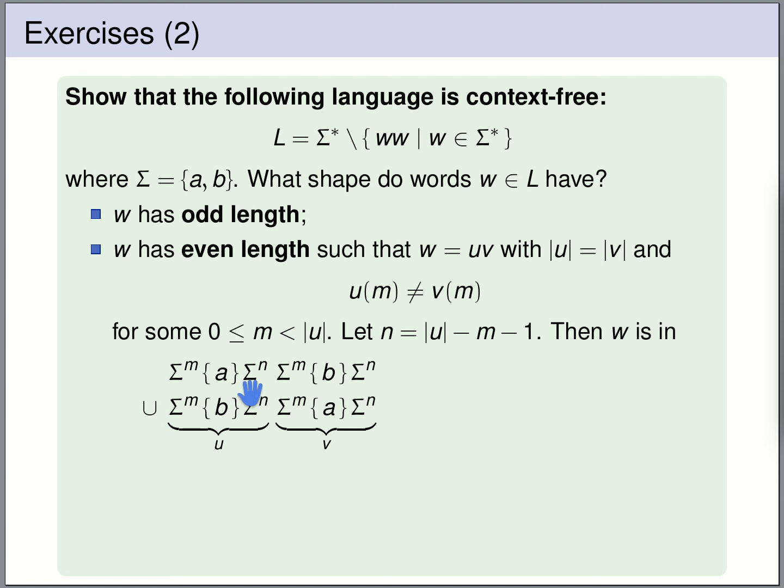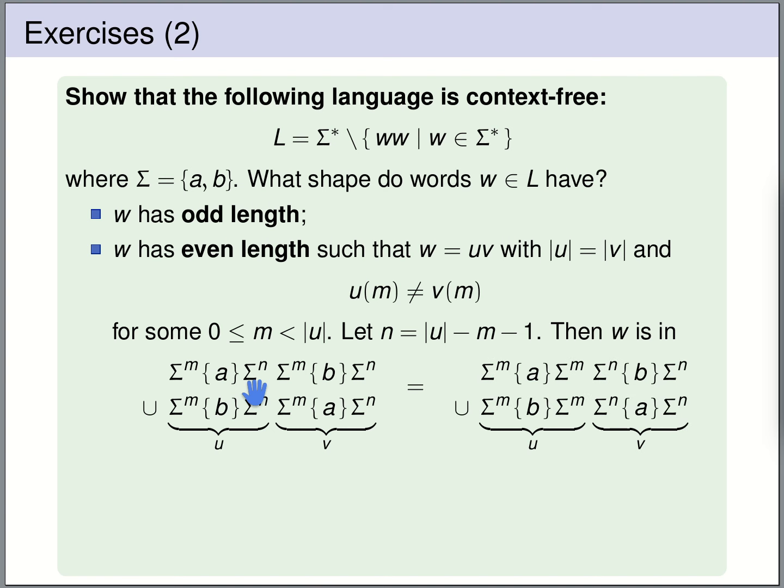A trick is that since we have here sigma to the n and sigma to the m, if we swap them, if we swap sigma to the m and sigma to the n, then we have something that already looks much more context-free. So we have now just swapped sigma to the n and sigma to the m, so we get this form, and now it already looks very context-free because we have here an a in the middle and m arbitrary letters before and after the a.